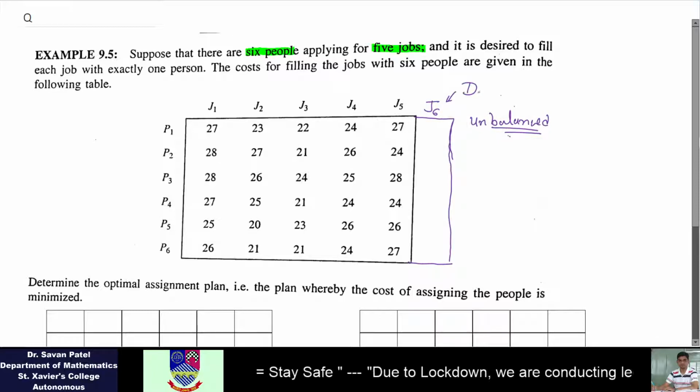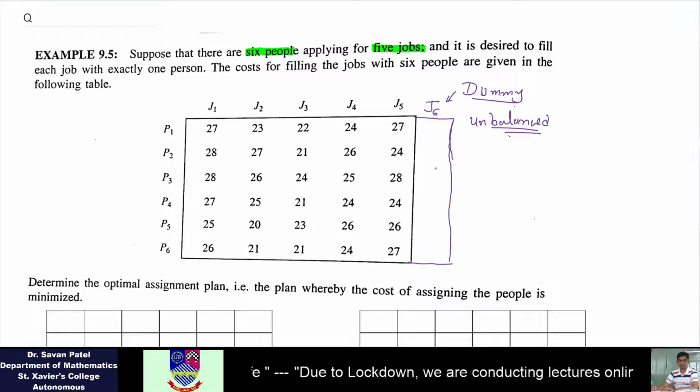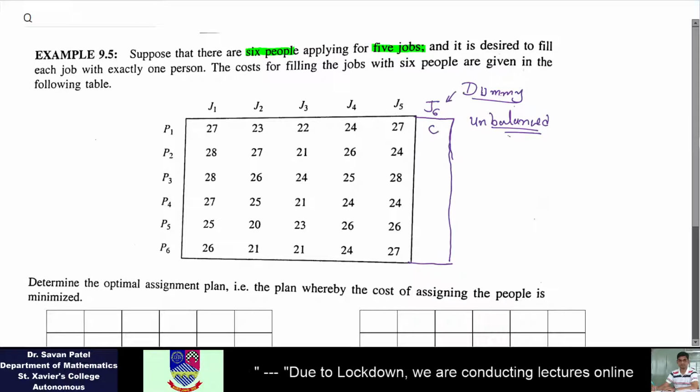We call it a dummy, as we have done for adding a dummy source or destination in the transportation problem. Here you can arrange the cost to be any. So I am putting 0.